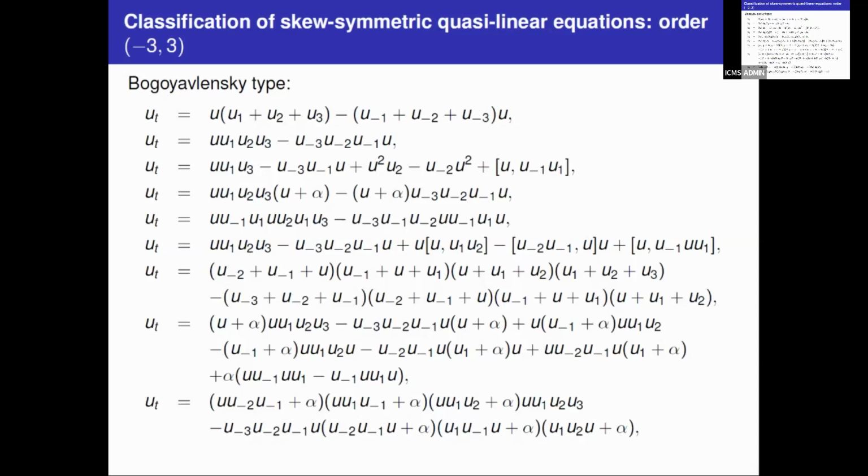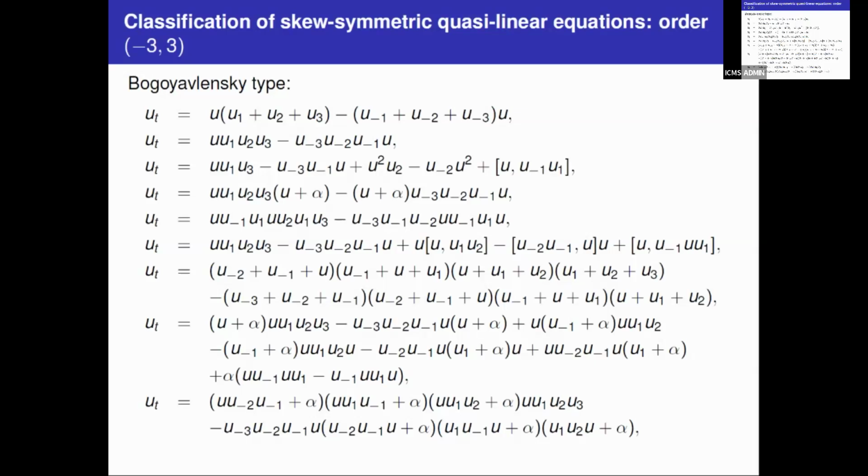So in the abelian case, if all variables commute, it reduces to one of the standard Bogolinsky equations. However, I found this equation in the original paper of Bogolinsky in 1993 without the parameter alpha.